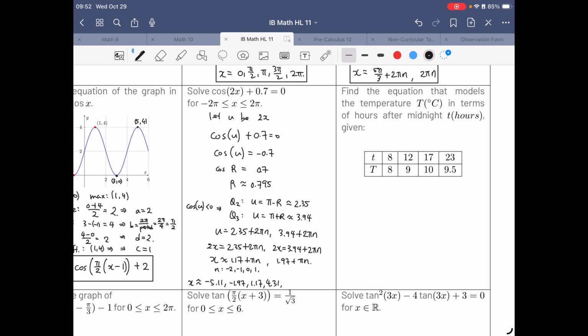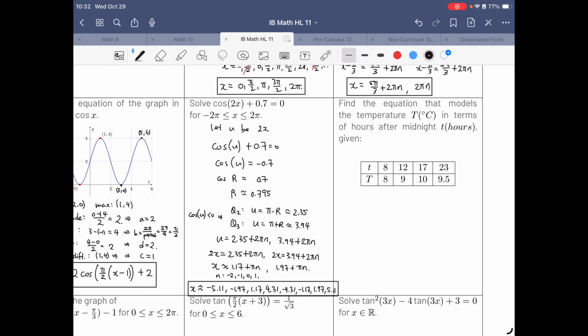And then same thing for b minus 2 pi, negative 4.31, and then same thing, but b minus pi is negative 1.17, 1.97, and then finally 5.11. Lots of answers. In total there are 8 solutions. Yay.